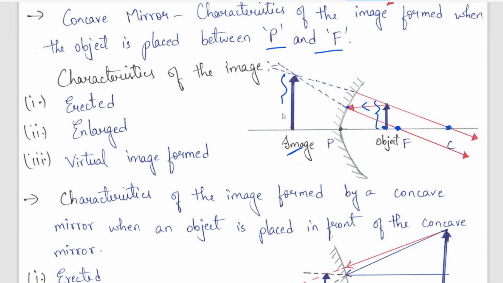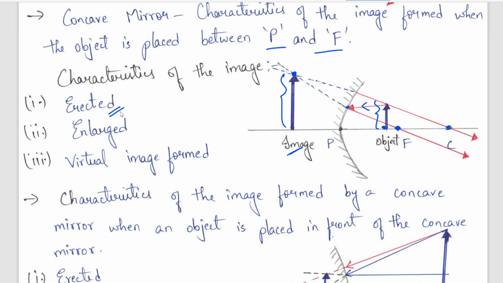This is the image. If you draw the intersecting points of both the rays towards the backside, you will get an intersecting point. At this point you are getting an image. Let us quickly see the characteristics of this image.